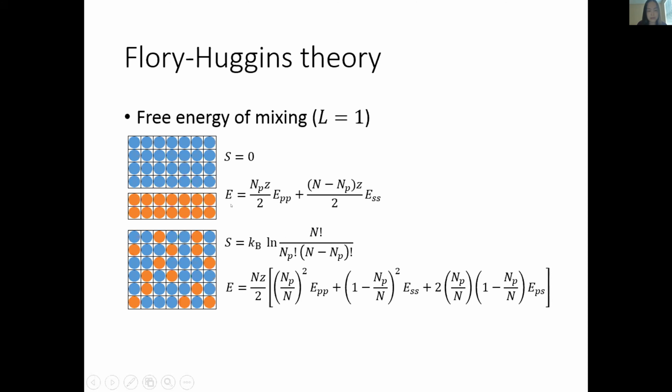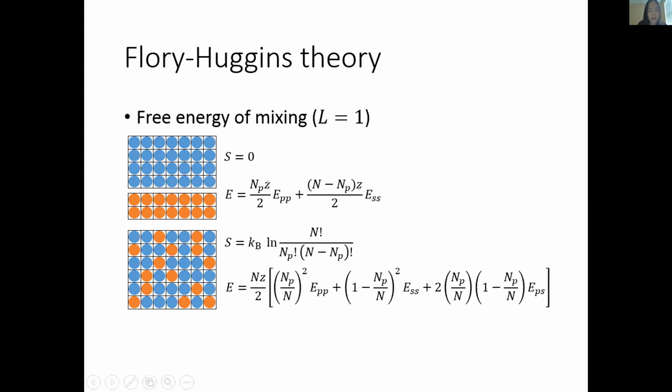And then we want to calculate the energy in these two systems, and the energy is really about how many neighboring pairs you have, with polymer and polymer on both sites, or solvent and solvent. Let me take an example here. We have N_P polymers. Each of them has Z neighboring sites. Then each polymer will have Z bonds, but each bond is shared by two neighbors.